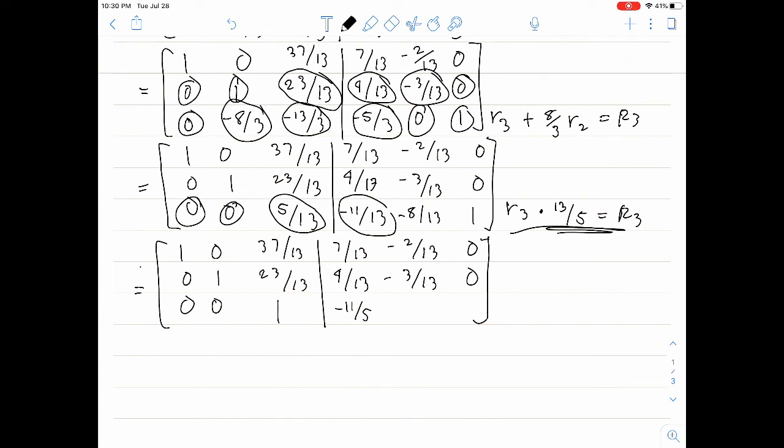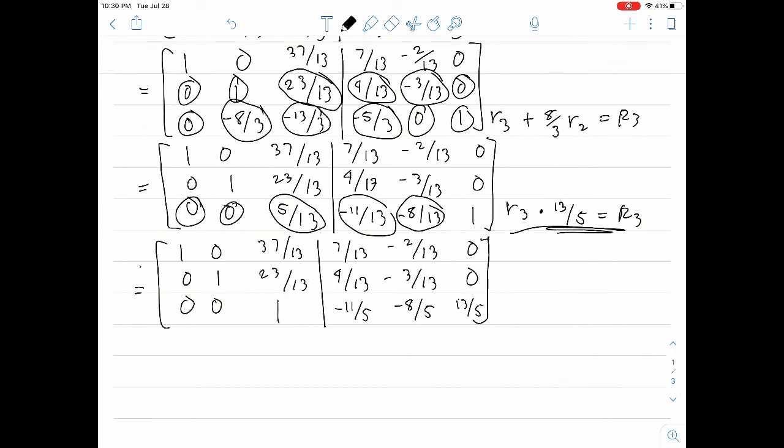Okay, so next, negative 8 over 13 times 13 over 5 is negative 8 over 5. Then 1 times 13 over 5 is 13 over 5.